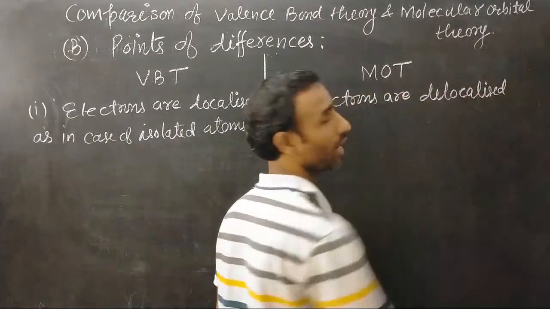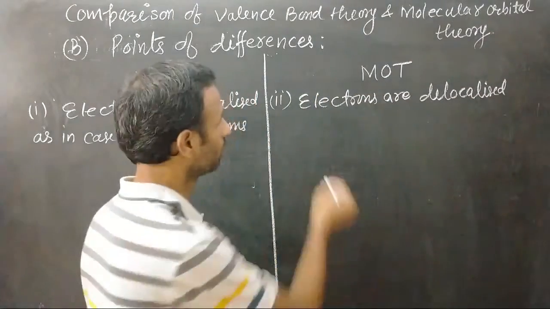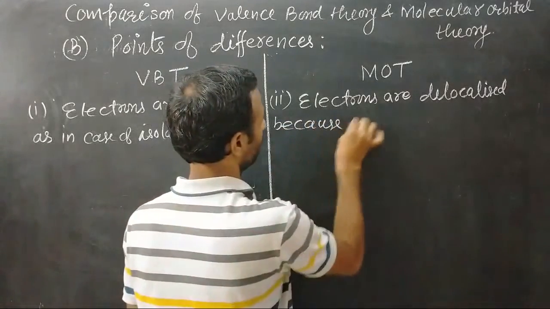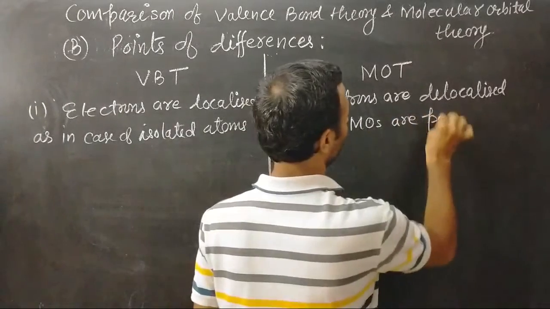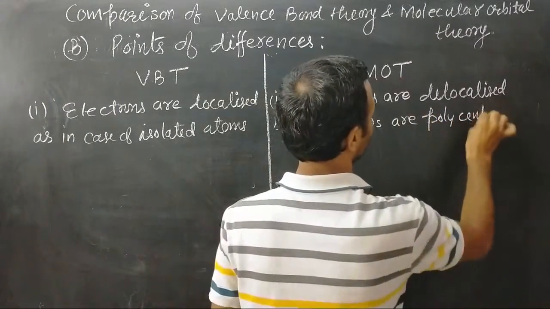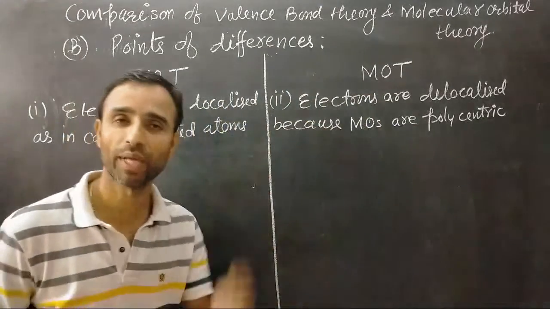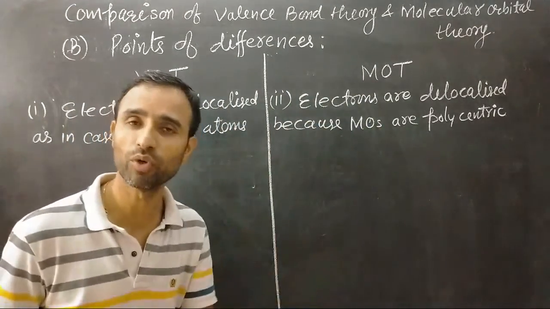because when atomic orbitals combine, molecular orbitals are polycentric. They are around the space where there is a combination of nuclei.